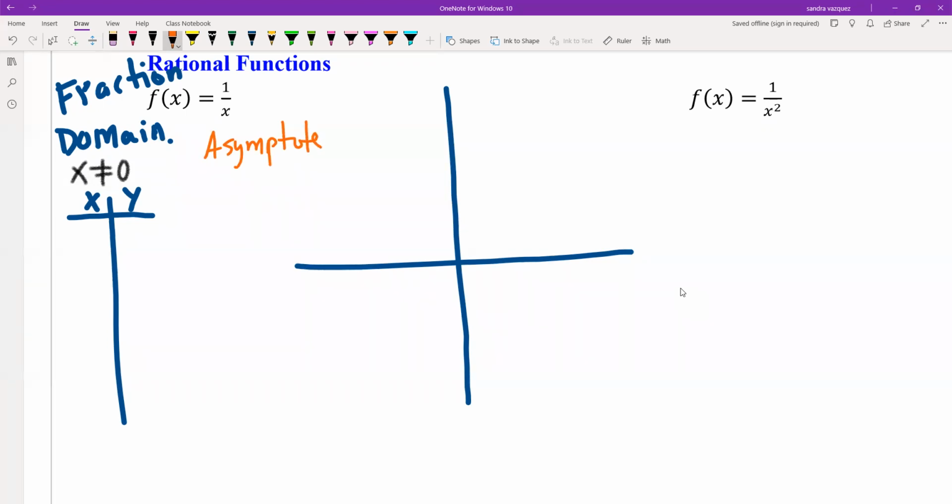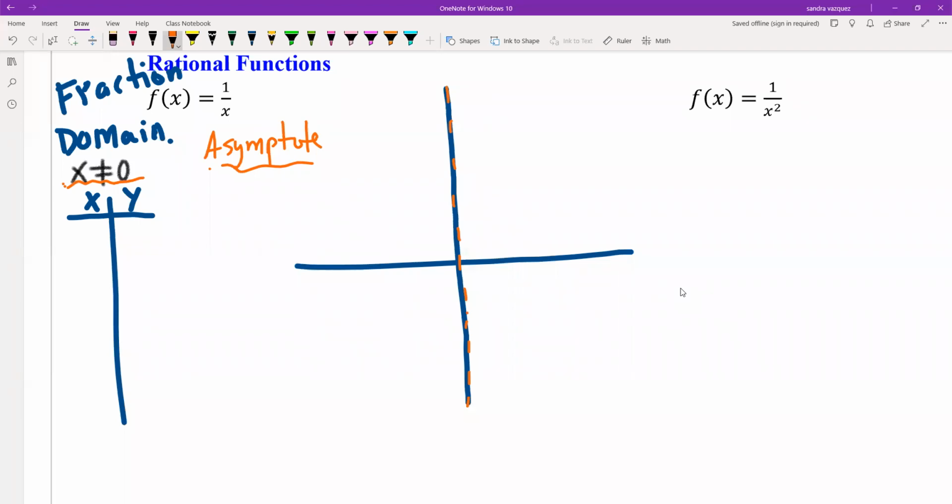You can think of an asymptote as like a boundary. That boundary is basically the number that it cannot be equal to, which happens to be 0. So it's like if you have a boundary right here on top of your y-axis. It cannot be equal to that number. So that means that whatever your graph is, you cannot cross the orange asymptote. Okay, that's what we call an asymptote.